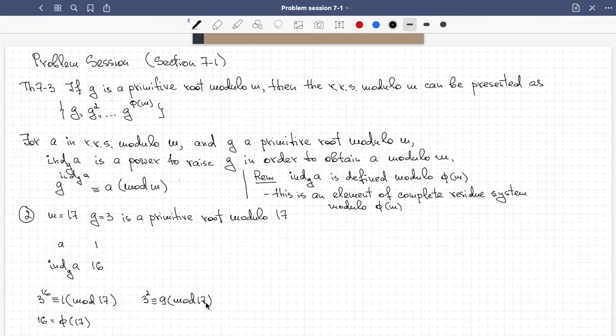So we will have somewhere here a to be 9, and the index is 2. 3 cubed is 27, which is 10 modulo 17, and we somewhere will have 10 and 3, but this 3 corresponds to this 10.